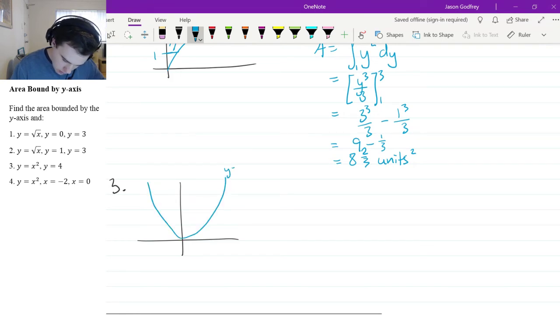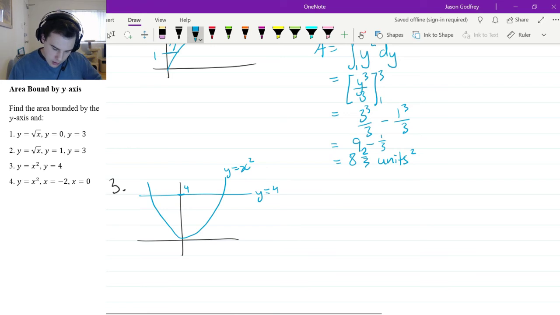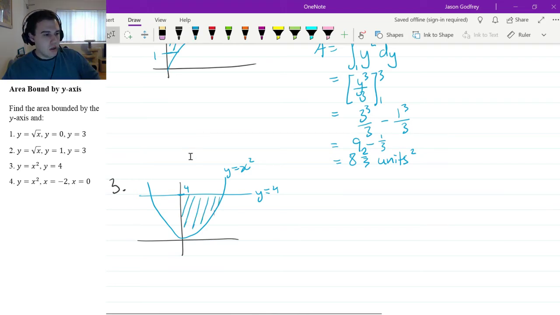So we've got y equals x squared, y equals 4, that's going to pass through 4, and we're bound by the y-axis along here, so that means we're looking for this area here.